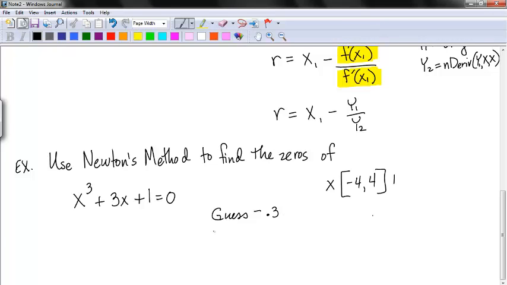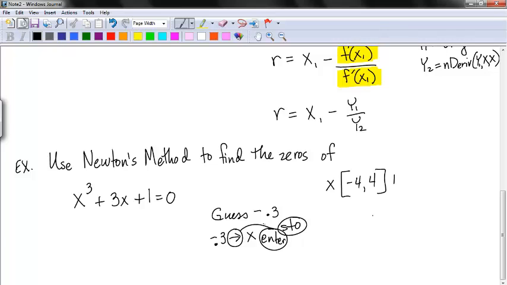Okay, now what you do is you take that guess, negative 0.3, and store that as x. Remember, that is the STO key on the calculator. So do negative 0.3, and whatever your guess is, store that as x, and use the x,t,theta,n key, and you got to make sure you press enter for that to register.